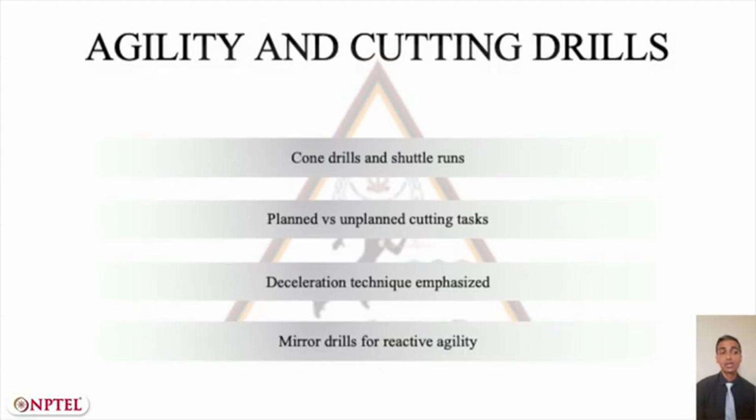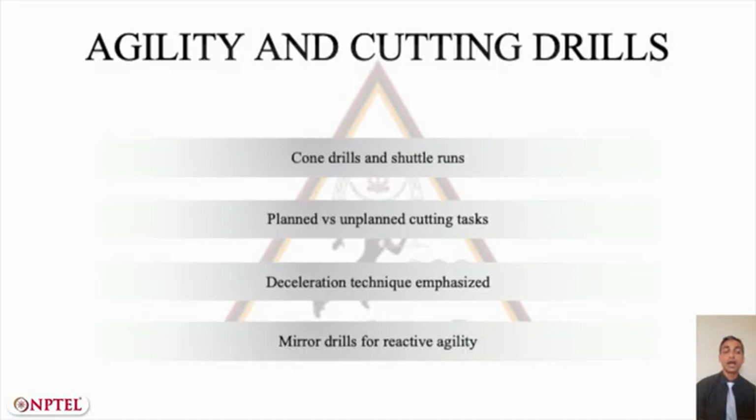Agility is not only about planned movements but also involves reactive decision making in unpredictable environments. In rehabilitation, agility testing and training are key milestones for a return to sport clearance, especially in pivoting and cutting sports.